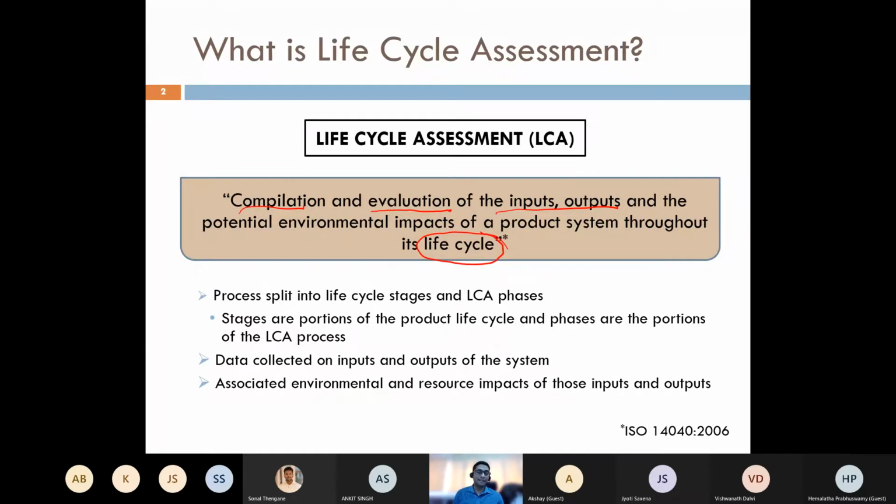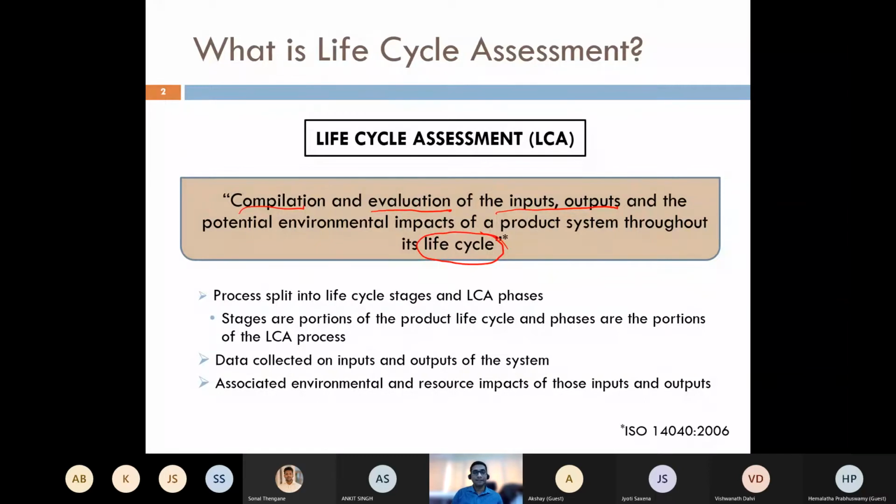Like in India, we have a lot of agricultural waste, so the husk needs to be separated, the stalk needs to be separated. All these events would have certain energy inputs. There might be a lot of manual labor going into it, but a lot of energy goes into it too, and where that energy is coming from, we need to compile that.